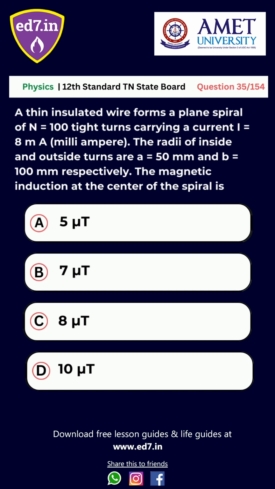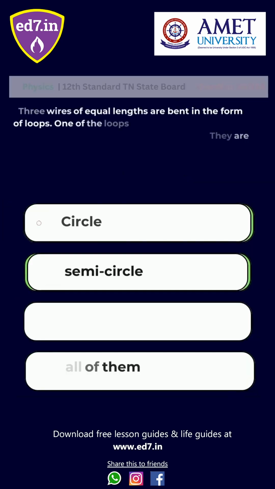The magnetic induction at the center of the spiral is: option A, 5 mu T; B, 7 mu T; C, 8 mu T; D, 10 mu T. The right answer is option B, 7 mu T.